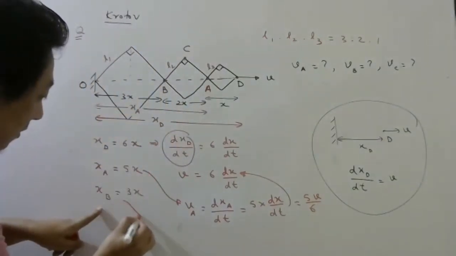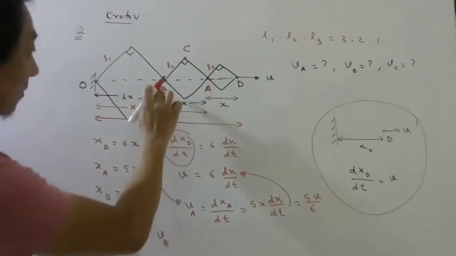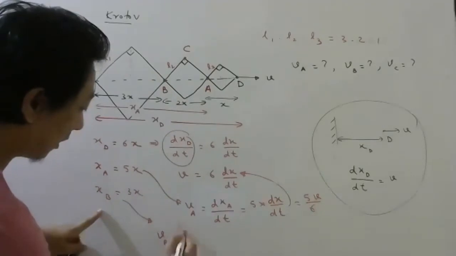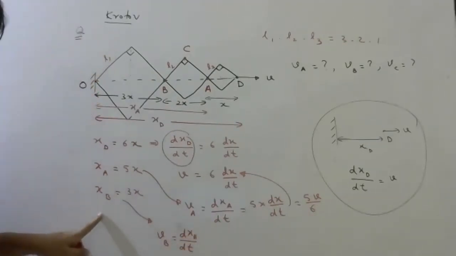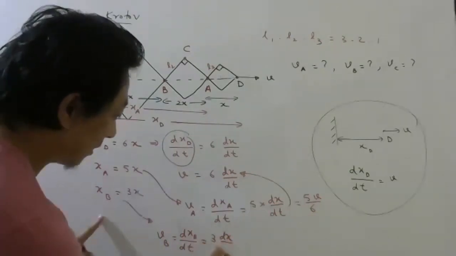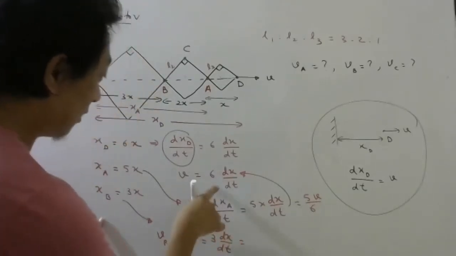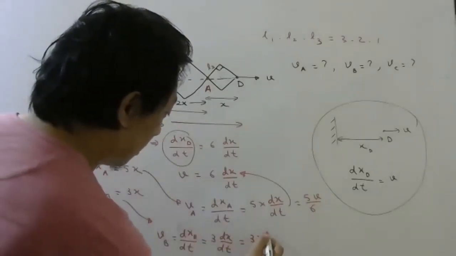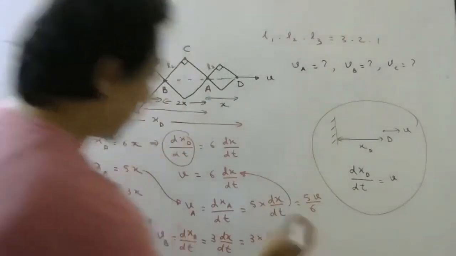Now let me take the differentiation of this. So the velocity of point B, this point, is the rate of change of distance of B from the origin. That will be equal to 3 dx by dt. dx by dt is v by 6. So 3 into v by 6, that is equal to v by 2.